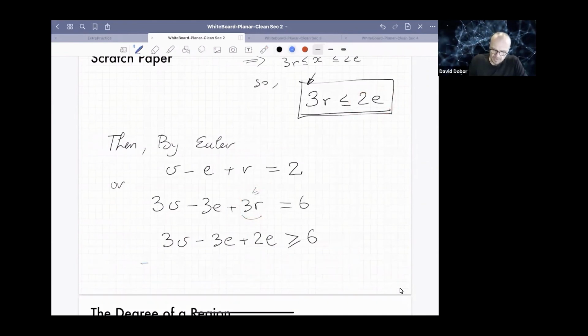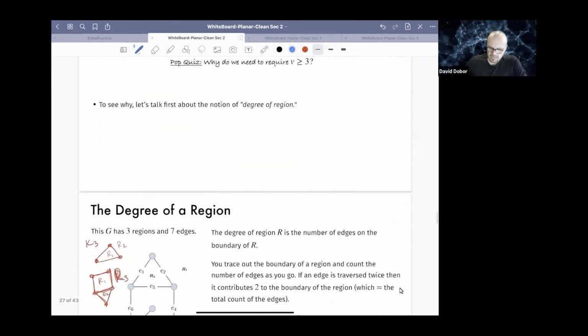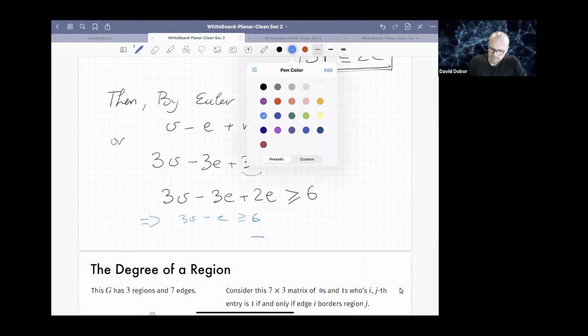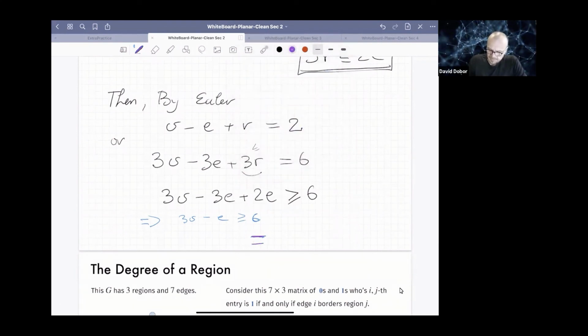Let's use blue here. So 3V minus E is greater than or equal to 6. Just rearranging the terms, what do we want to prove? Let's use a different color. So E is at most 3V minus 6, which is what we wanted to prove.